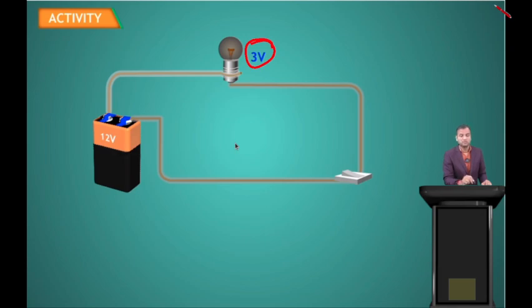Yes, it is 3 volt. And what is the power supply? It is 12 volt. It means it produces more energy than the bulb requires. So there is excess current, and the bulb will get fused.